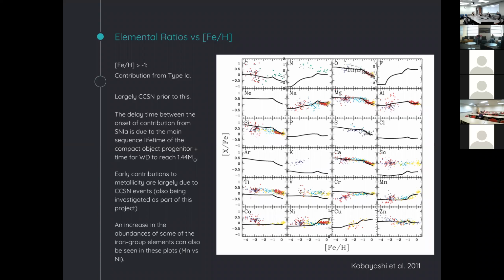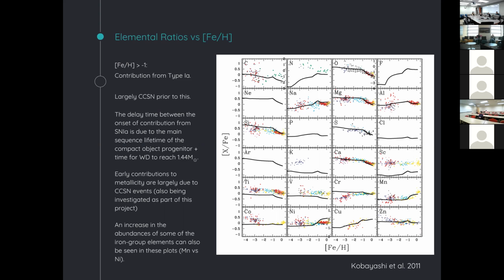They burn through their fuel and they explode in the early universe and produce alpha elements and iron group elements in large amounts. And as you move forward, there's a delay time between the onset of contributions from supernova 1a, and then at around about a tenth solar metallicity, you can notice for the alpha elements a decline in their abundance relative to iron.